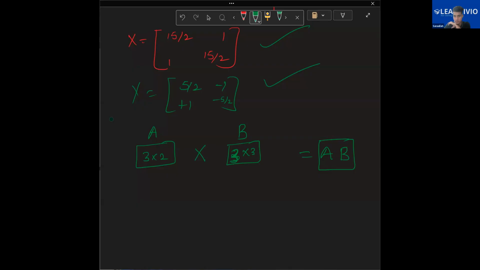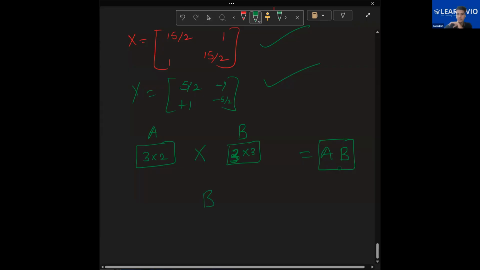The number of columns of the first matrix should be equal to the number of rows of the second matrix, and this is not the same. Here it is 2, here it is 3. So you cannot get AB.